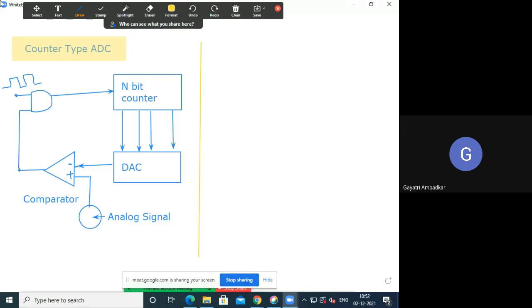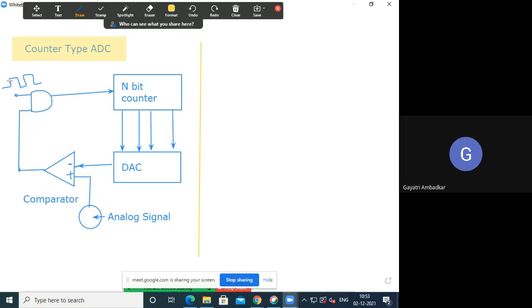So now initially, one thing to remember, this is an AND gate. An AND gate produces output equal to 1 only when all the inputs are high. If any one of the inputs is low, the output will become 0, because it's an AND gate. So a high pulse will appear here only when, here we are giving a clock.